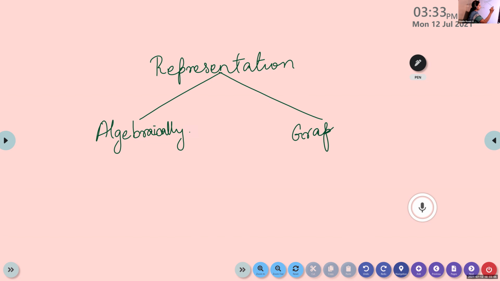Either you can represent it in algebraic form or graphical form.